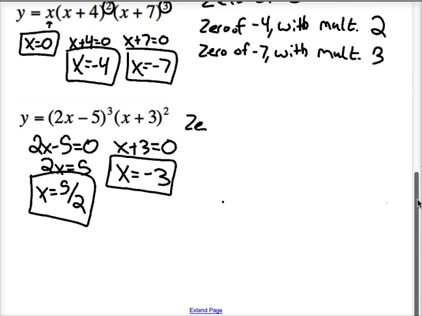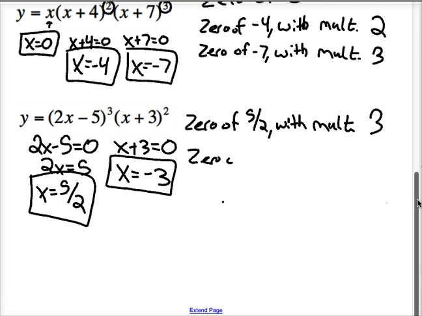So my two solutions, I have a 0 of 5/2 and it has a multiplicity of 3. I have a 0 of -3 with multiplicity 2.